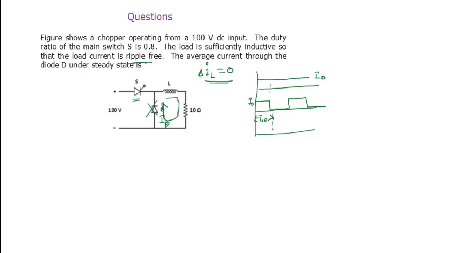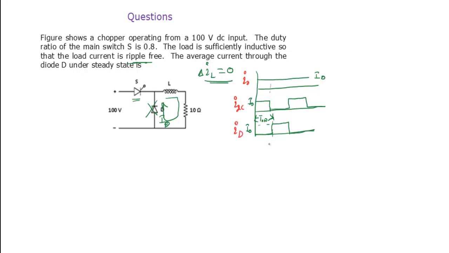So here the diode current is opposite. That means it is 0 when the switch is on, and it will be I0 again when the switch is off, and so on. So this is load current, this is source current, and this is diode current.